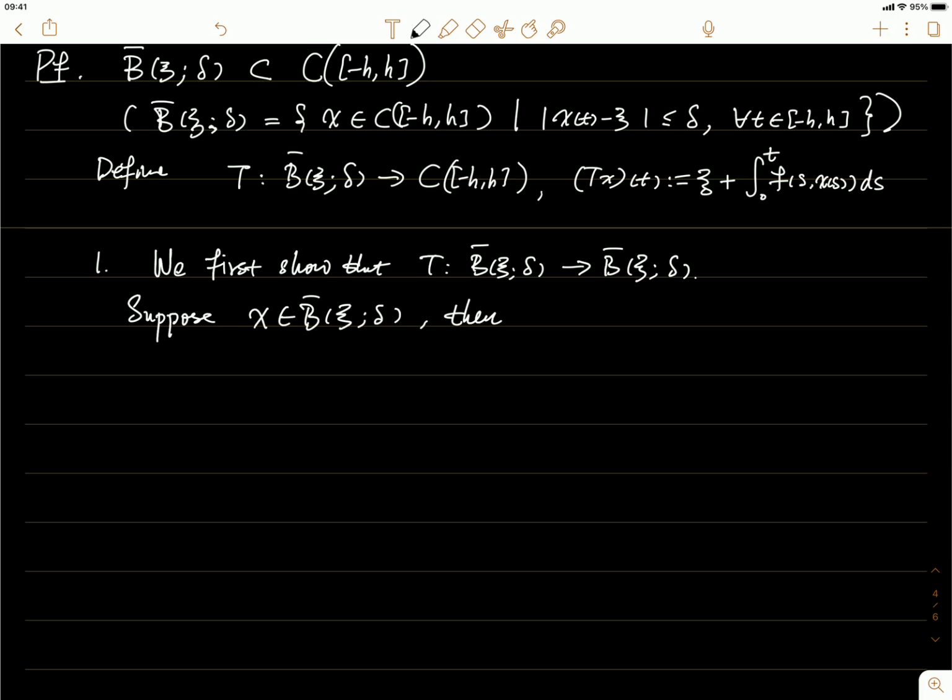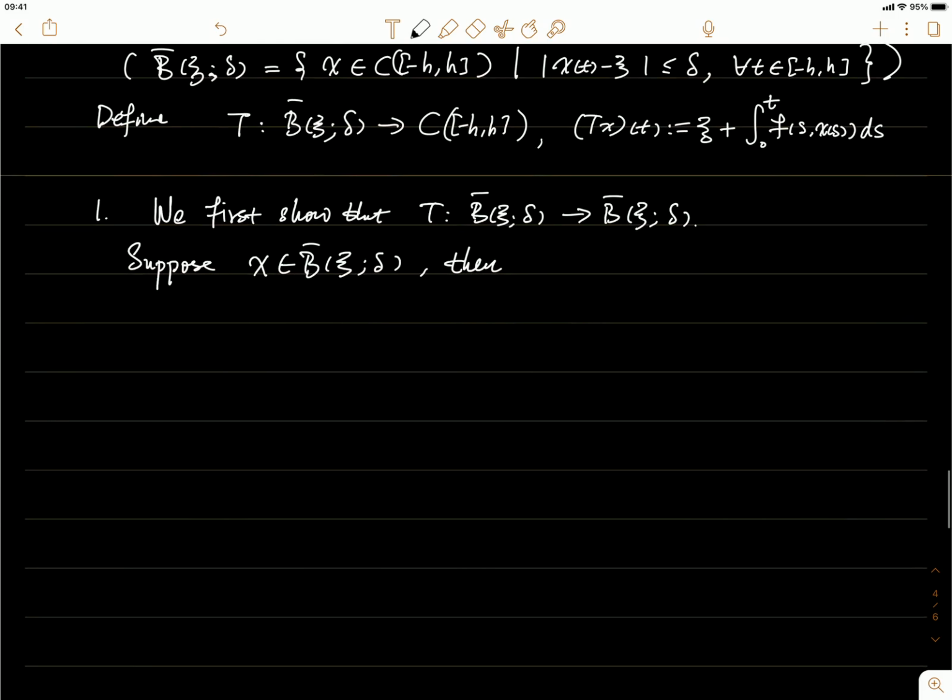If I want to show that Tx is also in this ball, I just need to show that the distance between Tx and the c is less than delta. So let's look at the distance after mapping, between Tx and c. If I can show that this is less than or equal to delta for every t, then we're done, right?